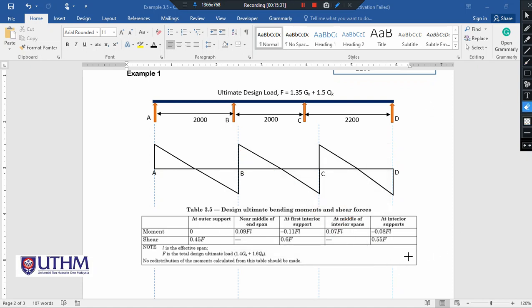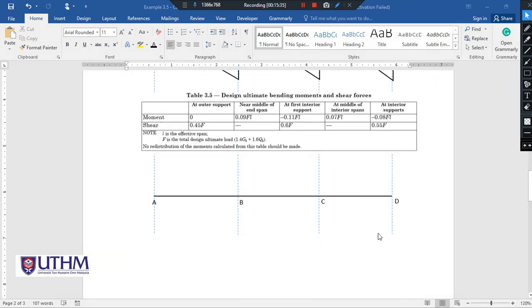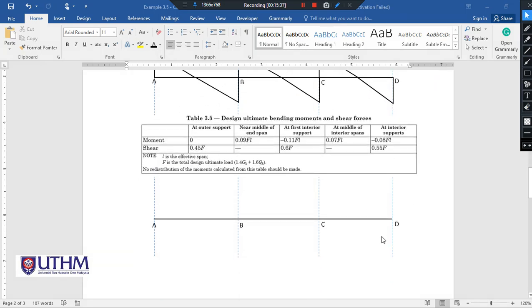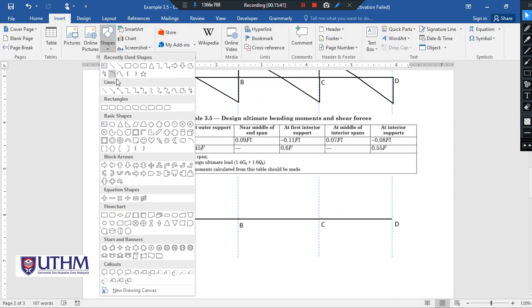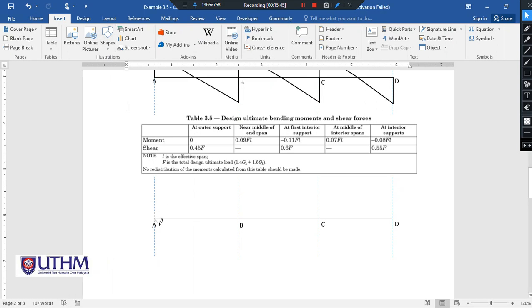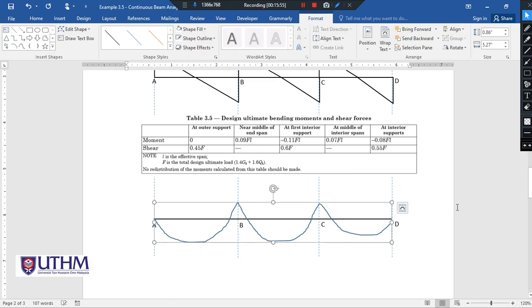Okay, let's check the moment. This is the moment. I will draw the moment diagram. Just imagine that this is a smooth line.